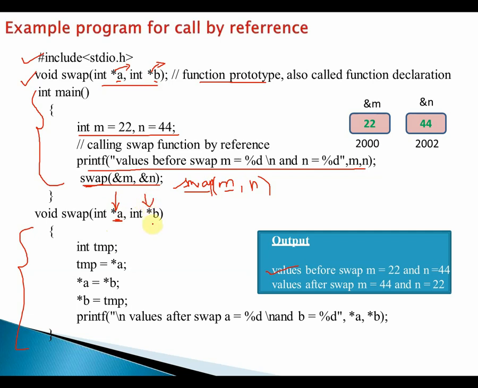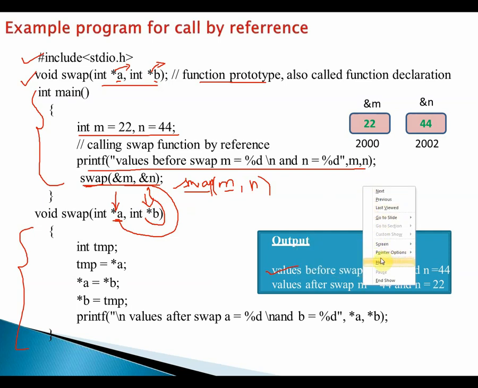We cannot write normal variables over here. So this pointer variable A will point to this memory location, and this pointer variable will point to this memory location.